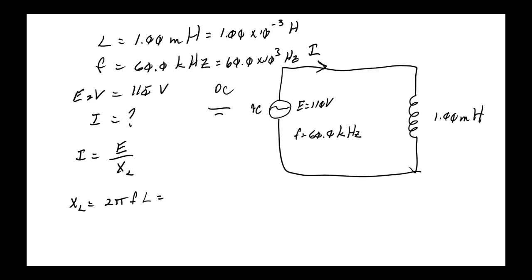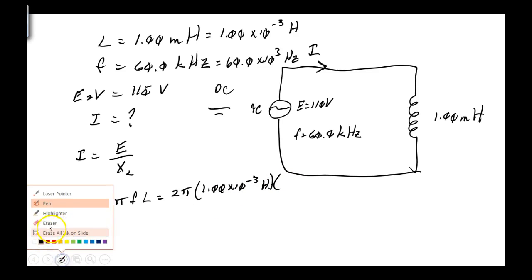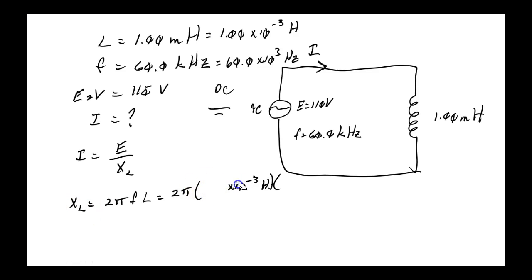Now, this we can plug in. We've got 2 pi times 1.00 times 10 to the minus 3 henries, no, I put it backwards, sorry. I thought something looked wrong there.